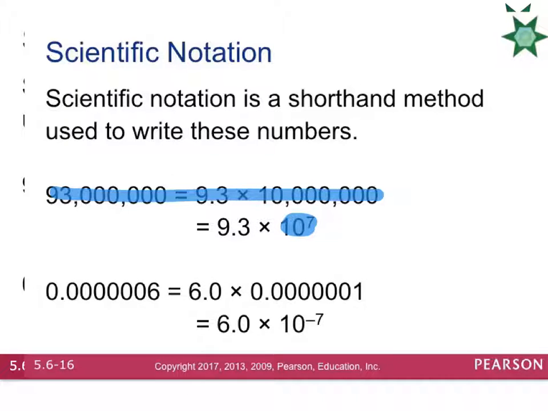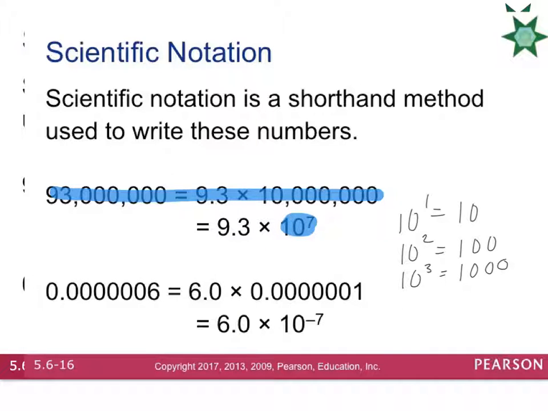Let me give you some examples: 10 to the 1 has 1 zero, 10 to the 2 has 2 zeros, 10 to the 3 has 3 zeros, 1,000, right? So 10 to the 7th has 7 zeros. So instead of writing 9.3 times 10 million, or even 93 million, we can just write it as 9.3 times 10 to the 7th.